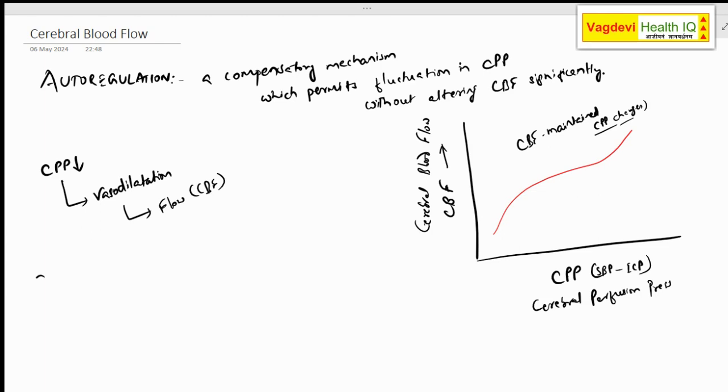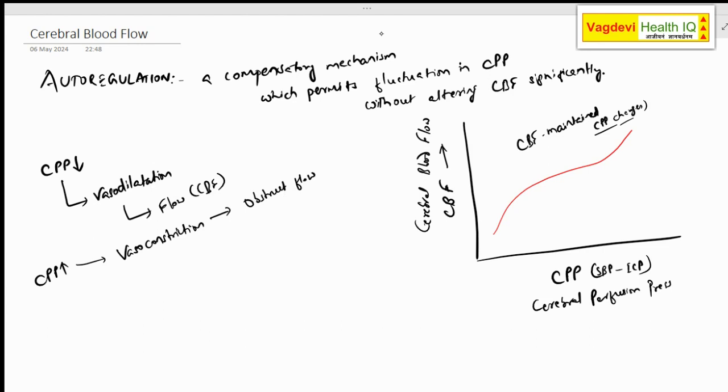Suppose CPP, cerebral perfusion pressure, is increasing. It will cause what? Yes, vasoconstriction. More pressure means vasoconstriction. Okay, so it will limit flow, right?